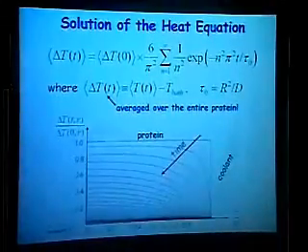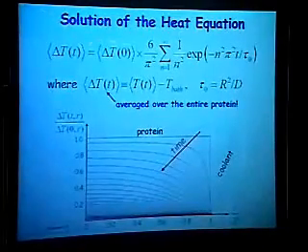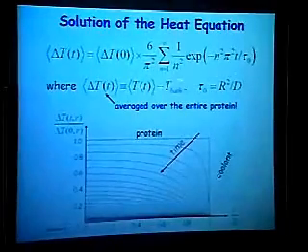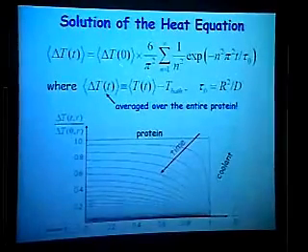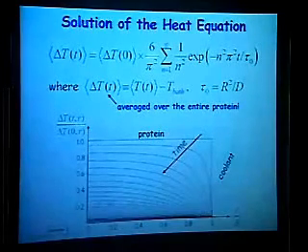All right. Now, the solution to the heat equation. It is a very elegant way to solve, and it can be solved very nicely using the method of separation of variables.